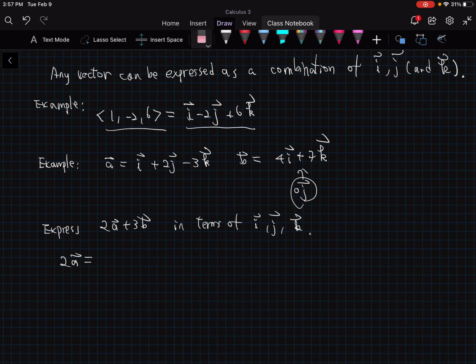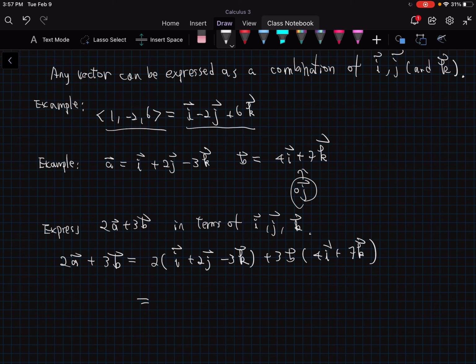Let's go ahead and do it all together. 2a plus 3b equals 2 times a, just like normal algebraic operations, plus 3b, which is 4I plus 7K.